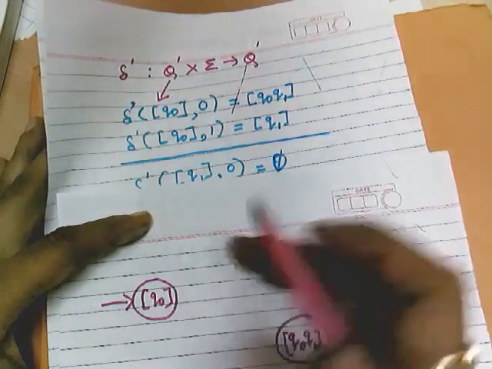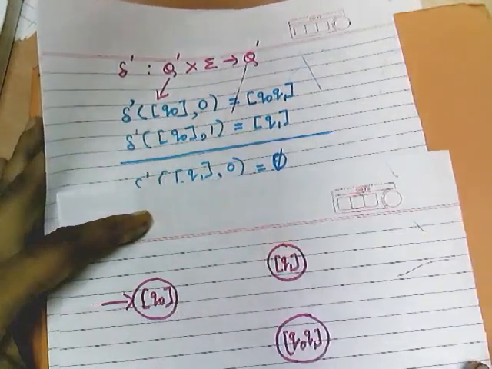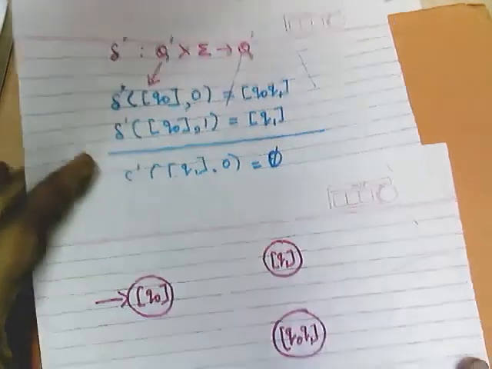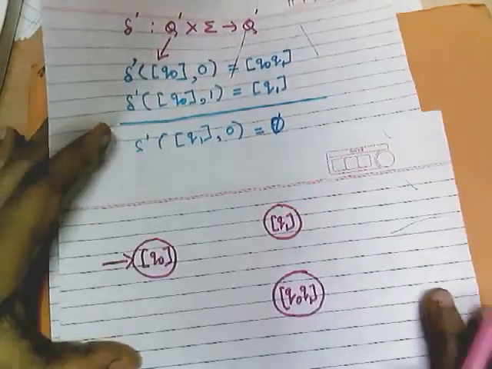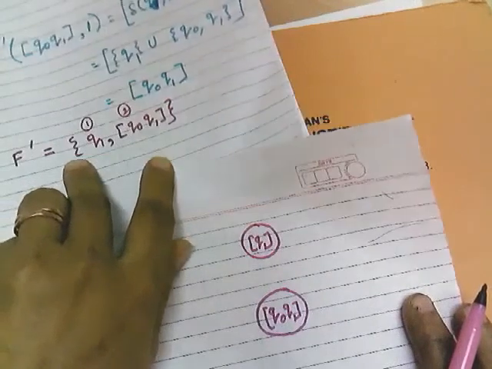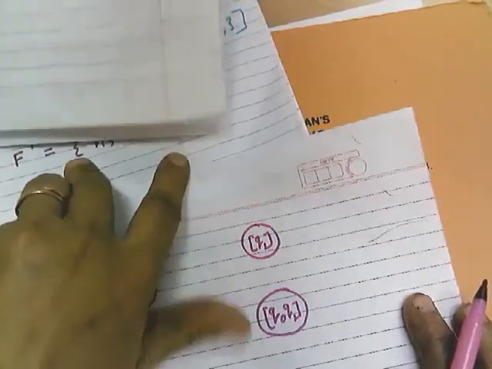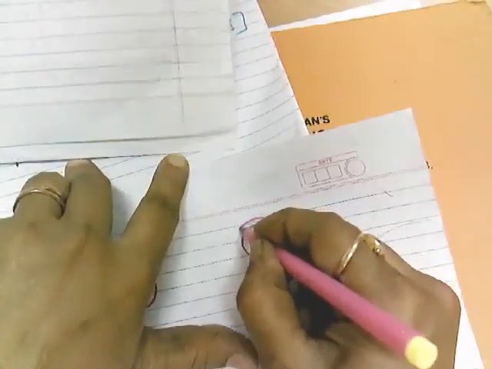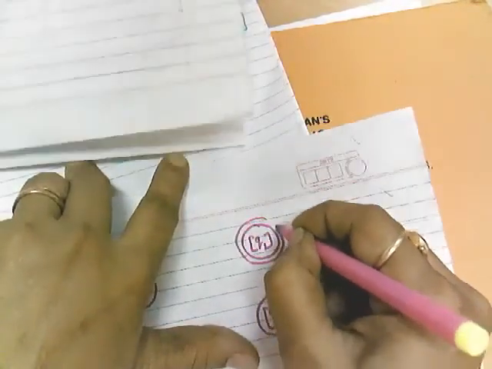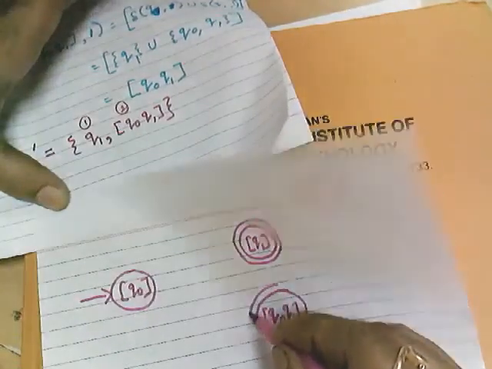Okay, so it is moving to one more thing. Can we now also nominate the states as final or non-final state? Yes, we can nominate, because now we know which are the final states in the converted DFA. So which states are final states? This Q1 is a final state, and next is this Q0 Q1.